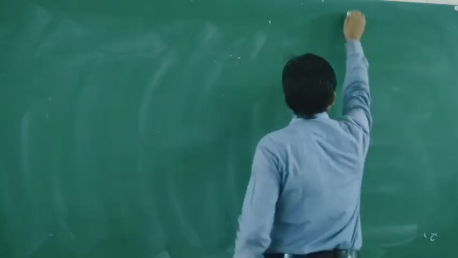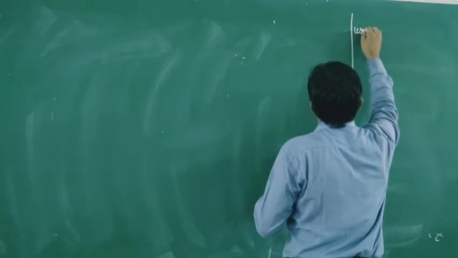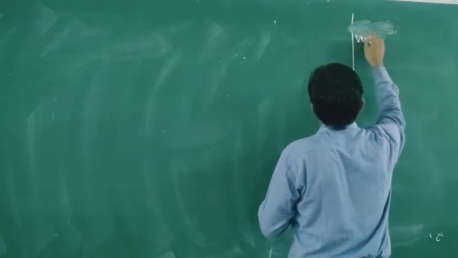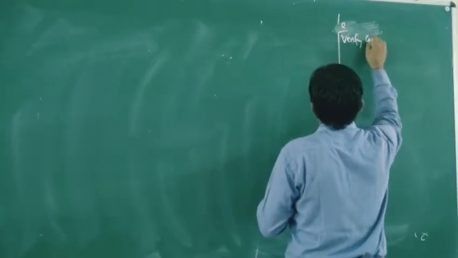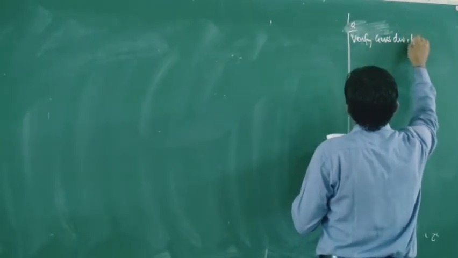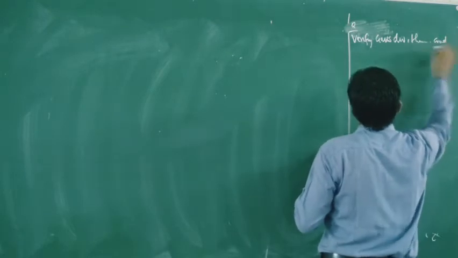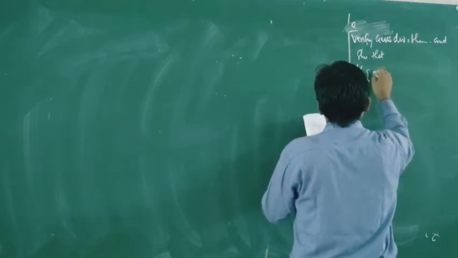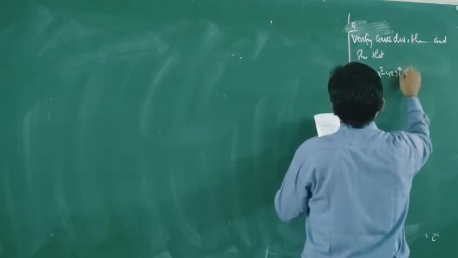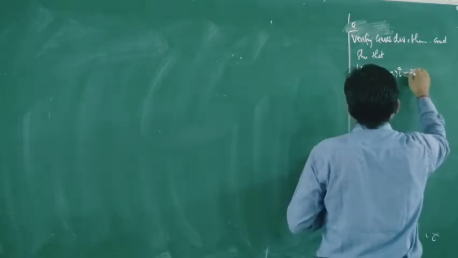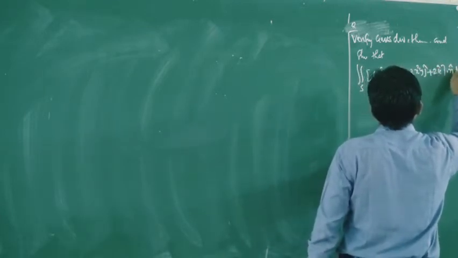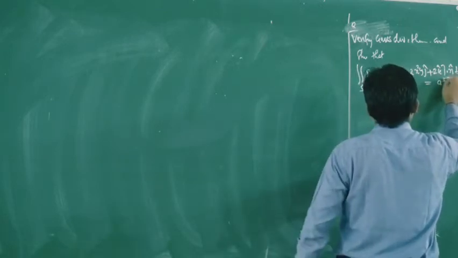So our question is, using Gauss Divergence Theorem, verify Gauss Divergence Theorem and show that the surface integral of (x cube minus yz)i minus 2x square y j plus 2k dot n ds is equal to a power 5 upon 3.